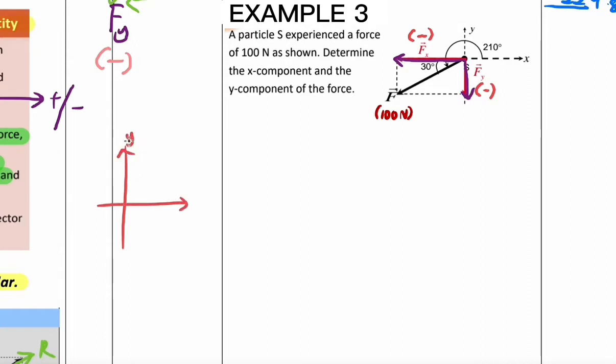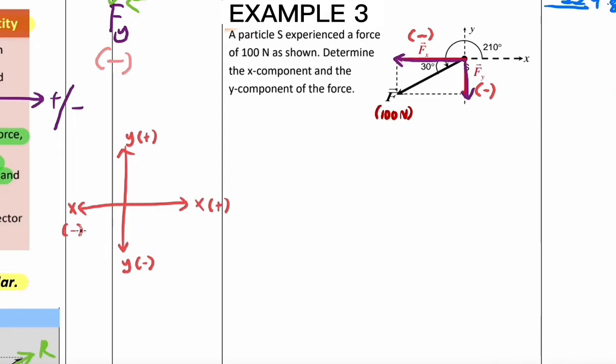Our axis, so this is our y and this is our x. So sebab tu x boleh ke kanan atau ke kiri sahaja, y boleh ke atas ataupun ke bawah sahaja. Kalau y ke atas dia adalah positif, kalau y ke bawah dia adalah negatif. Kalau x ke kanan adalah positif, kalau x ke kiri adalah negatif. Okay, ini wajib ingat.